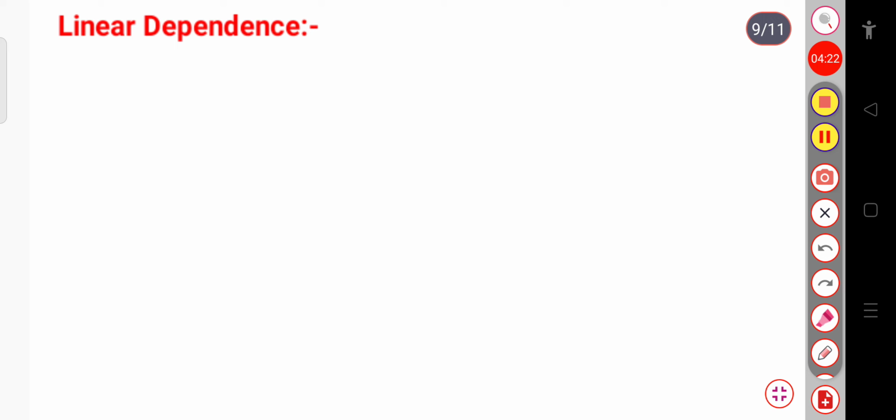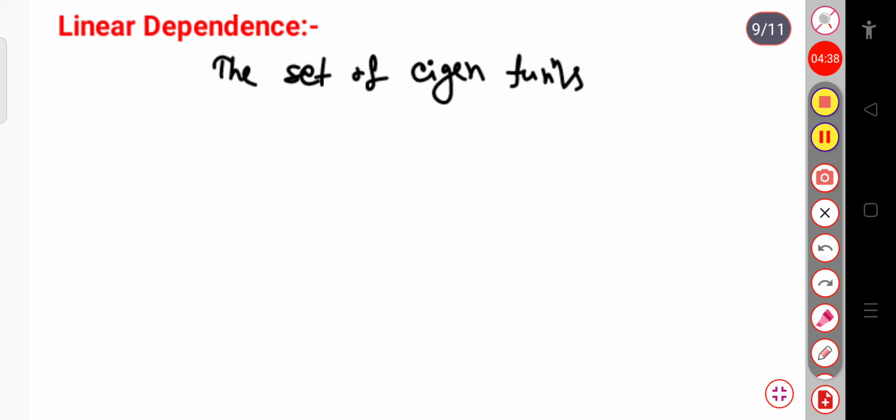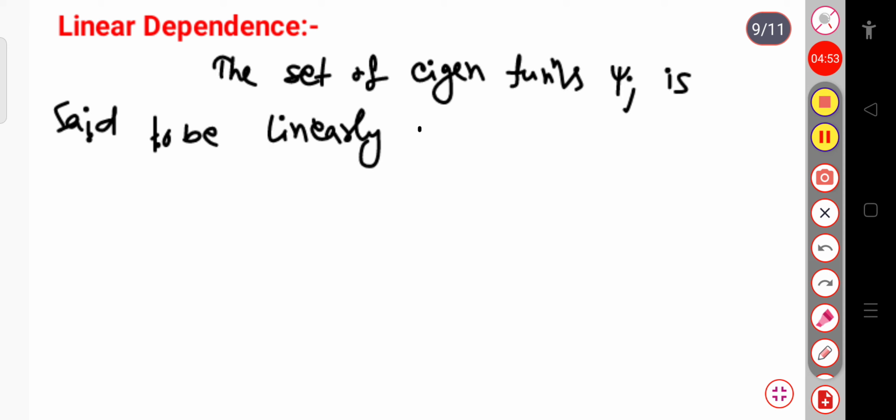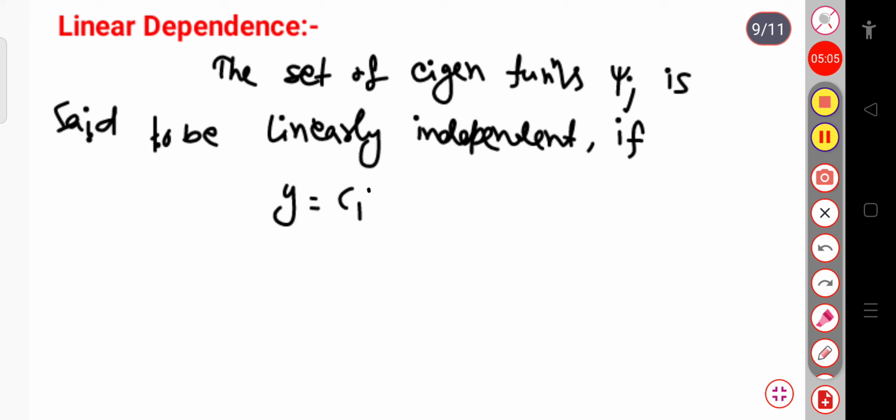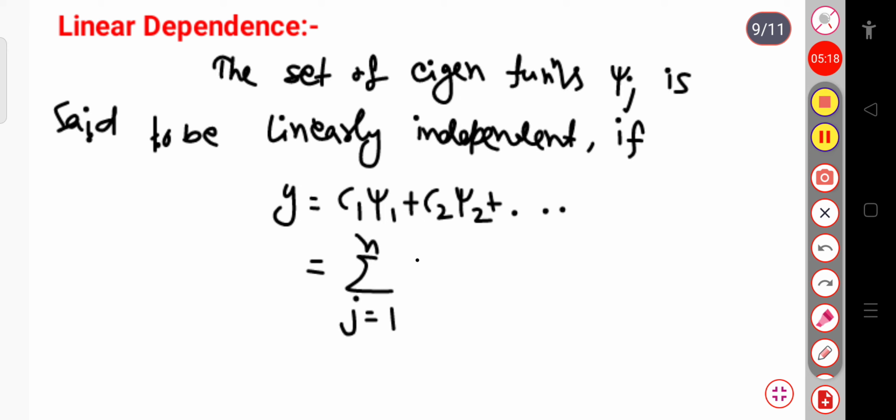Next we will see linear dependence. The set of eigenfunctions psi j is said to be linearly independent if, suppose I write, c1 psi1 plus c2 psi2 plus so on, which is equal to the sum over j equal to 1 to n of cj psi j.